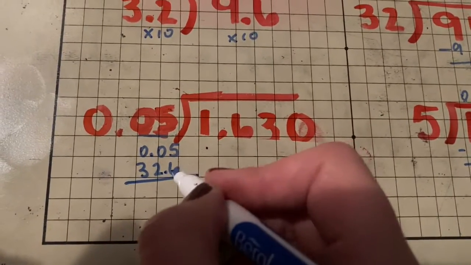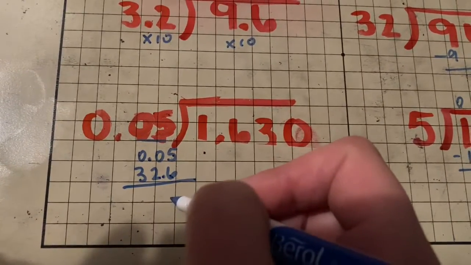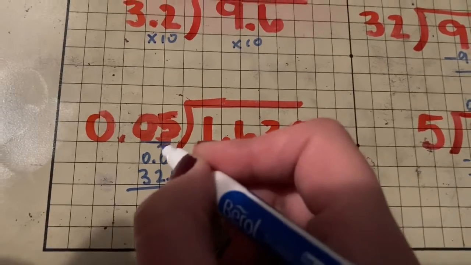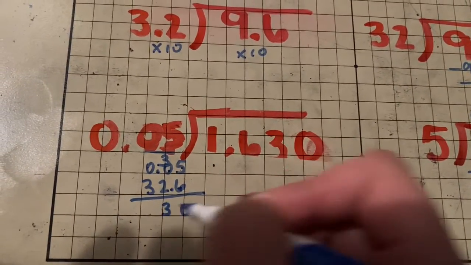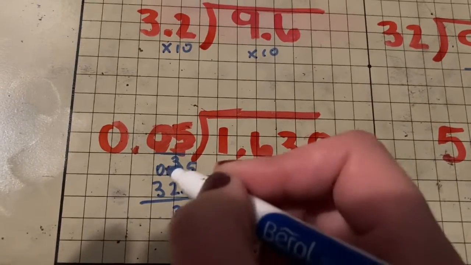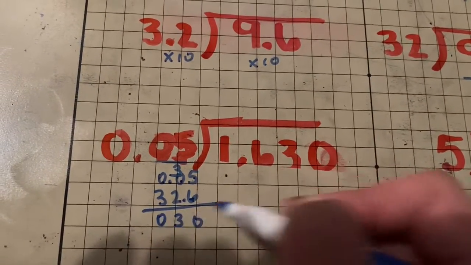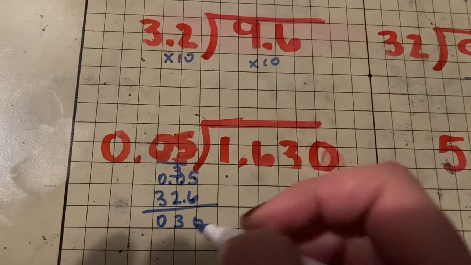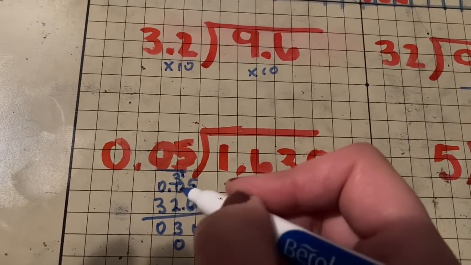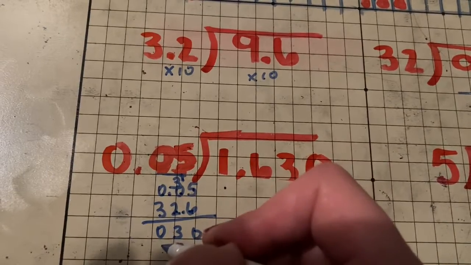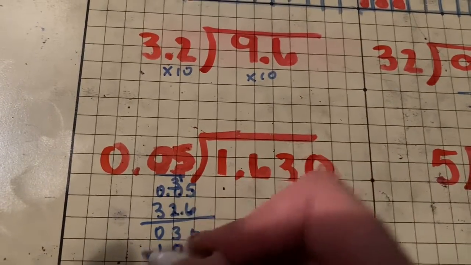So 6 times 5 is 30. 6 times 0 is 0 with a 3. Bring that down. 6 times 0 is 0. All right. 2 times 5 is 10. Carry the 1. 2 times 0 is 0. Add that 1. 2 times 0 is 0.